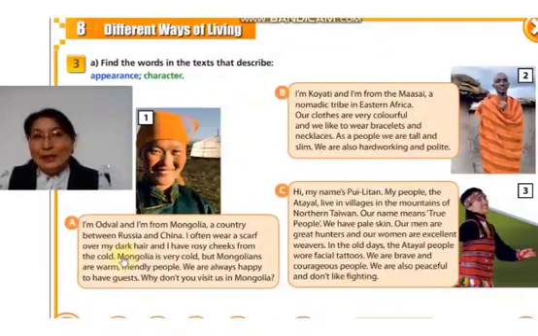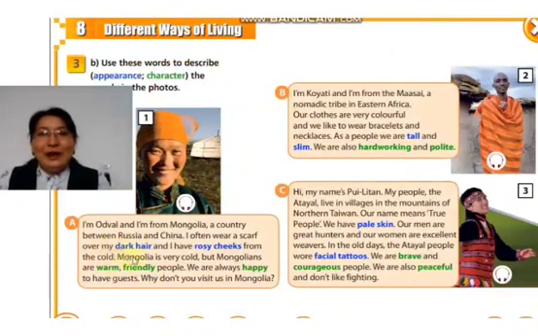Now, dear learners, if you have found the words of appearance and character, let's check. Here are given the words of appearance in blue and the words of character are given in green. So, at first let's read the words of appearance.